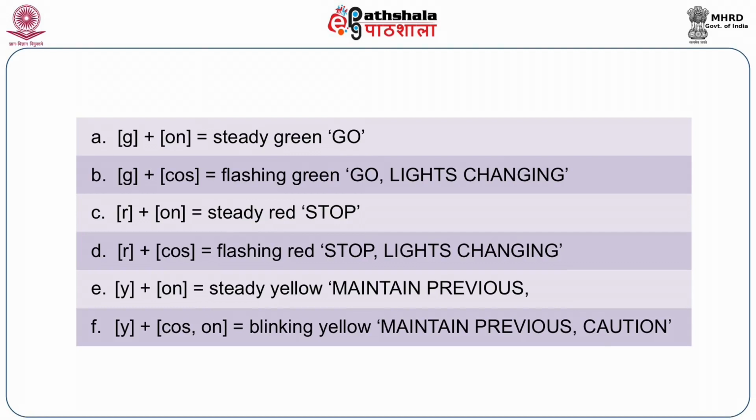Using a monovalent feature system, we could then build a feature geometry which would give you the same meanings as the traffic lights. So for example, the feature geometry G plus the feature on will mean steady green go. The feature red plus on will give you steady red meaning stop.